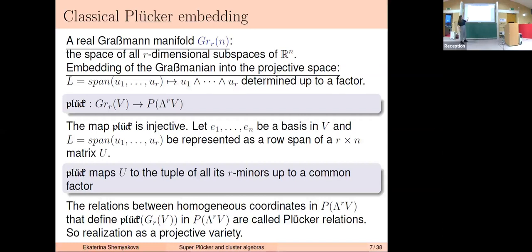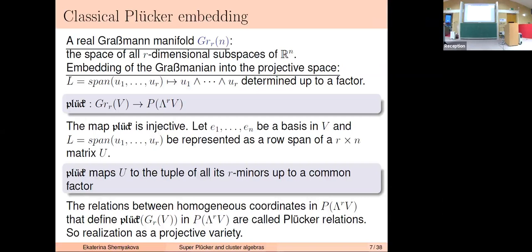You can do the algebra, and the coefficients can be computed exactly as the minors, the determinants, of this matrix. That's a classical construction which you've seen in this community probably many, many times.